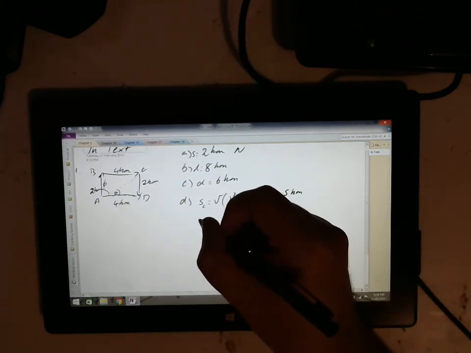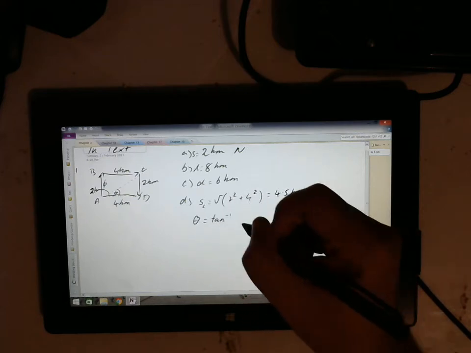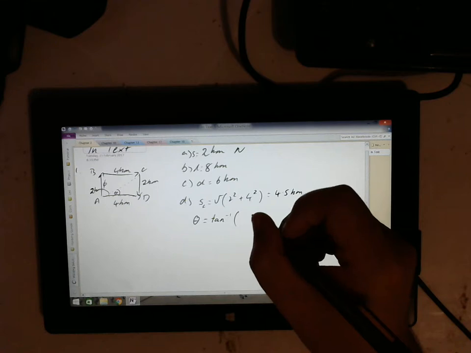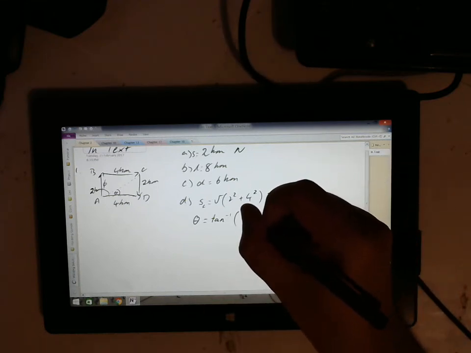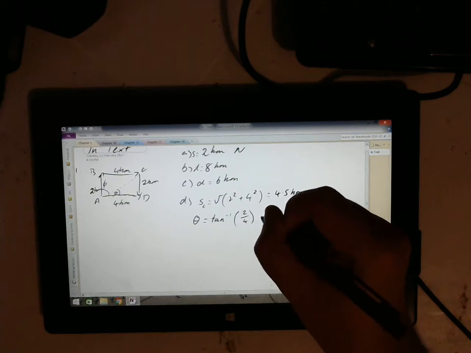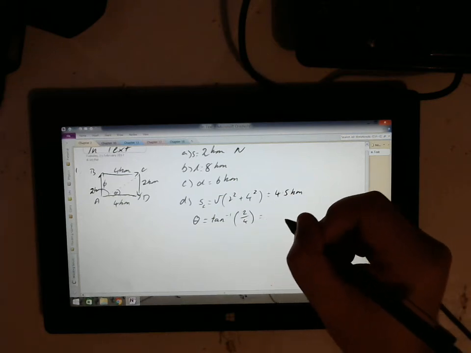So our theta is going to equal the arctan again. If you're not certain, check my algebra for that, of 2 over 4, which should equal 26 degrees.